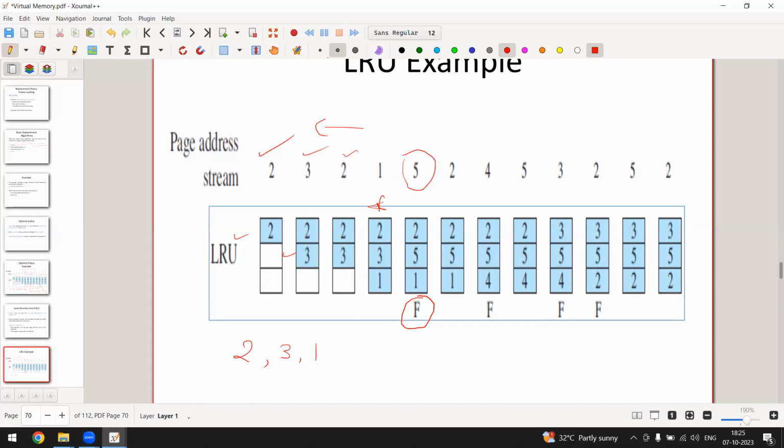Oh, sorry, 1 is here. 1 was used very recently, then 2 was used, and then 3 was used. So which was least recently used? This 3. Based on this logic, you select 3 and replace 3 with 5.